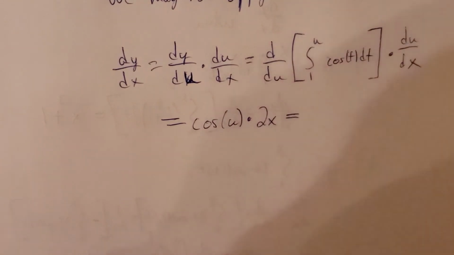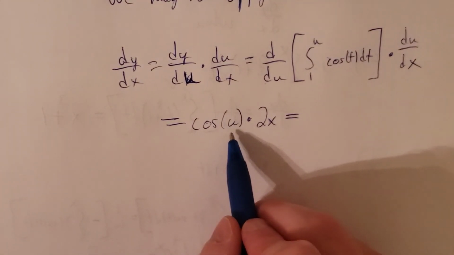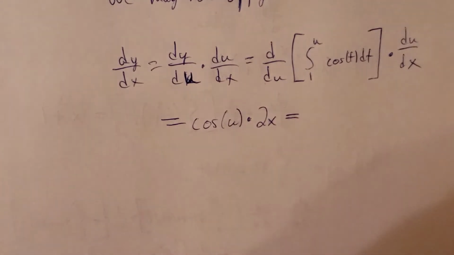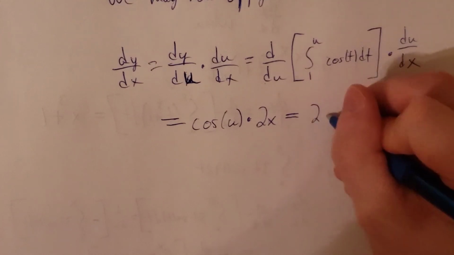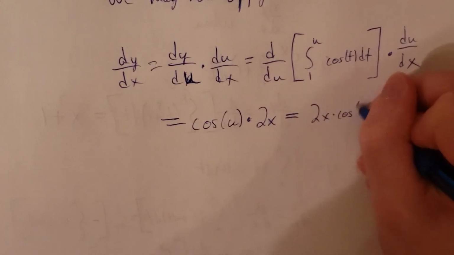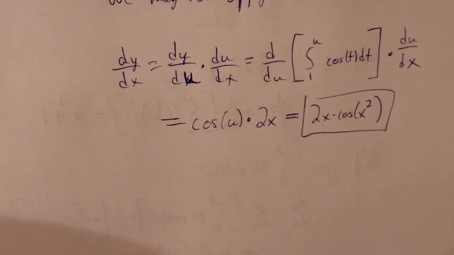All right. But we don't want our function in terms of this variable u that we created. We want it back in terms of x. Since u was x squared, this is really 2x times cosine of x squared. And that is our derivative. And that's where we'll end this video.